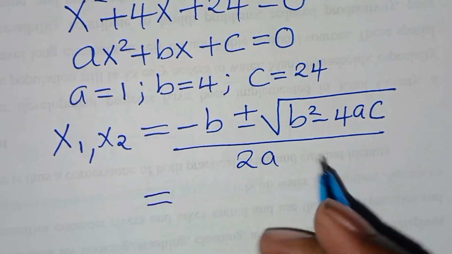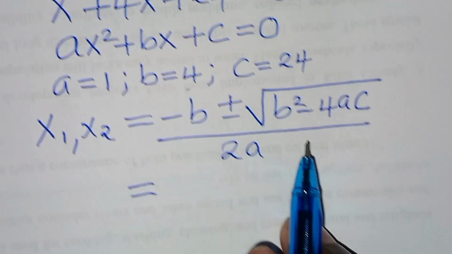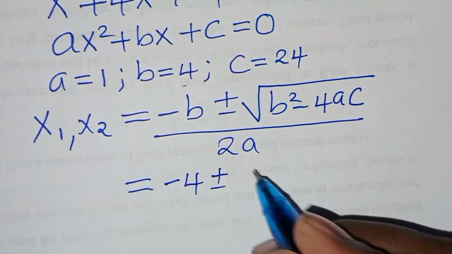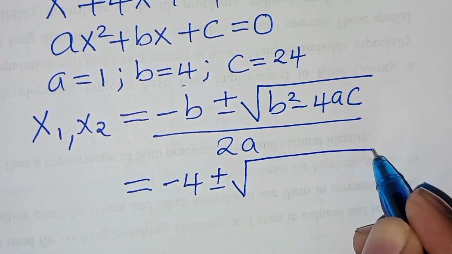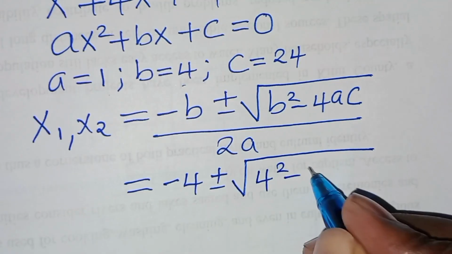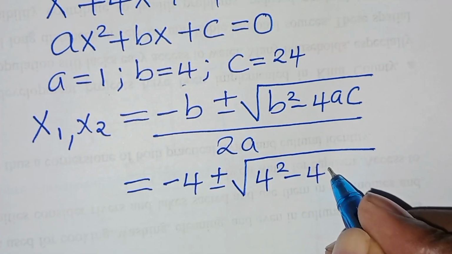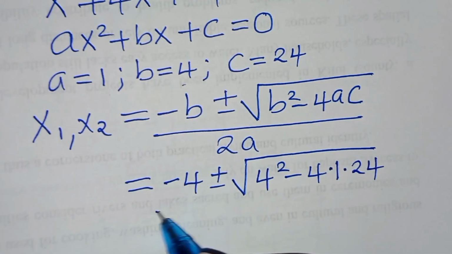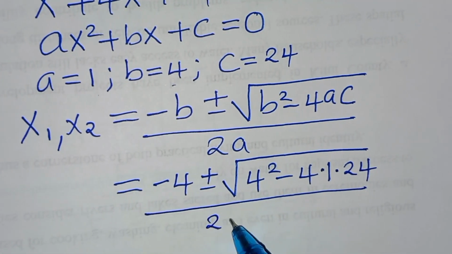So substituting the values of a, b, and c, we're going to have minus 4 plus or minus the square root of 4 squared minus 4 times 1 times 24, divided by 2 times 1.